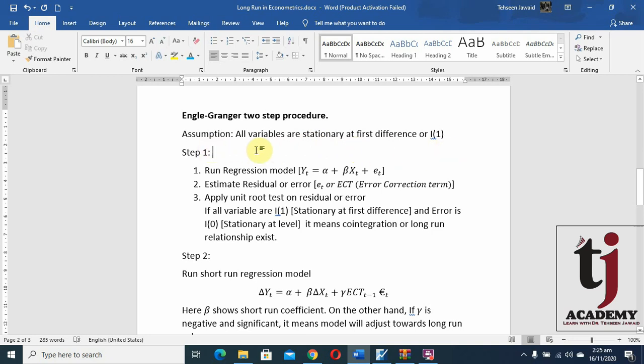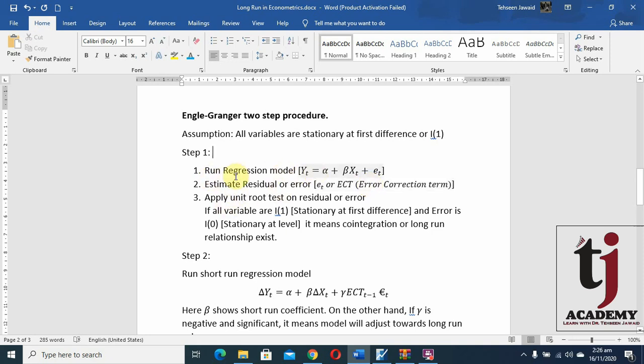Then we should start with step 1. First we have to run our regression model like this. After running the regression model, we have to estimate our error or residual, this et, which is also called the error correction term. Why it is called the error correction term, we will discuss later.